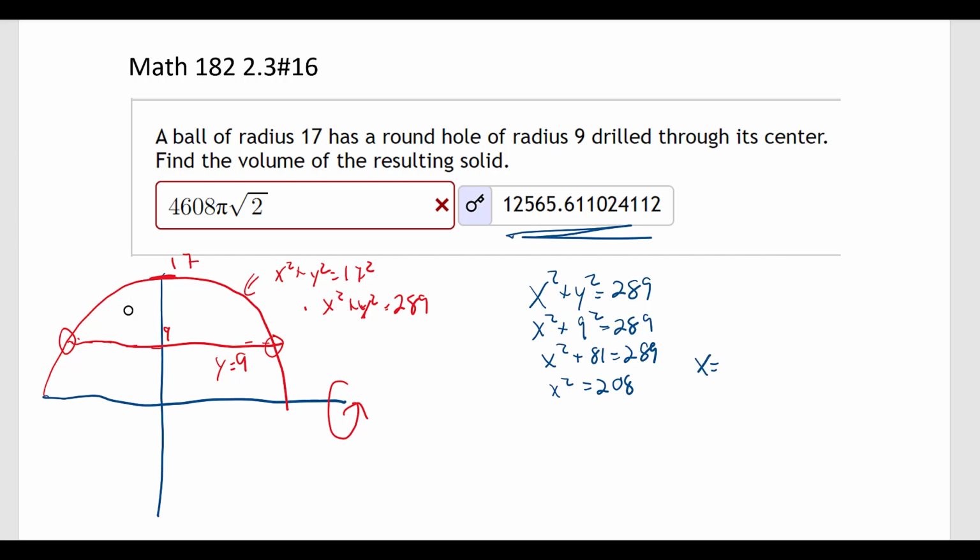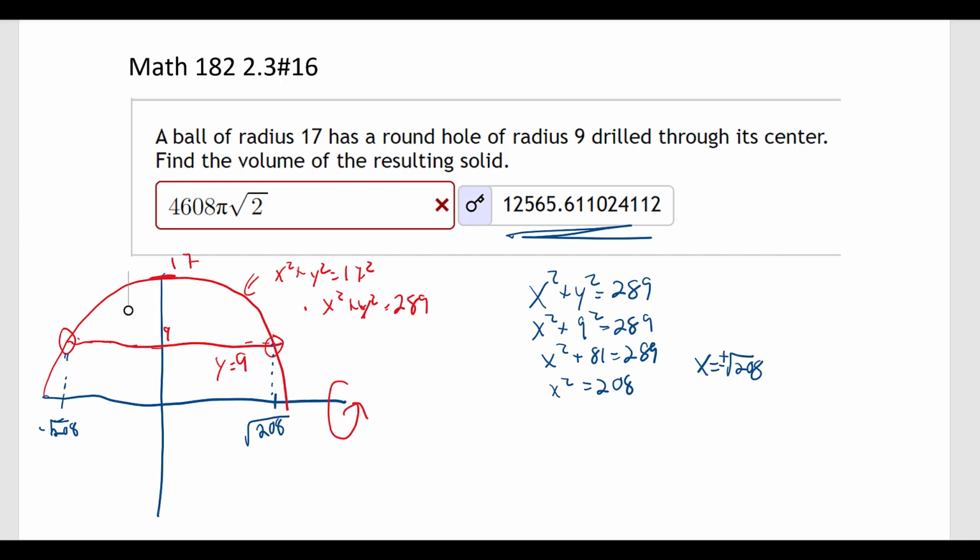So x would be plus or minus the square root of 208. So here is the square root of 208, and right about here is negative square root of 208. That gives us where we're going to integrate from.